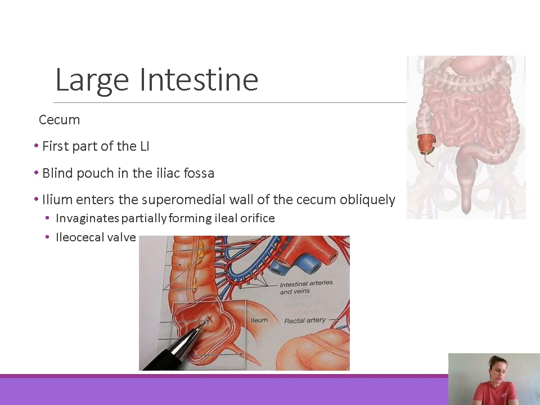All right, so we'll go through all of the different parts of the large intestine from the beginning to the end. And we'll begin with the cecum. Again, the cecum is this first pouch of the large intestine, right where the ileum empties into the large intestine.